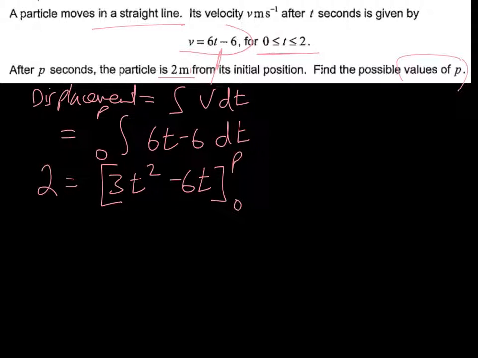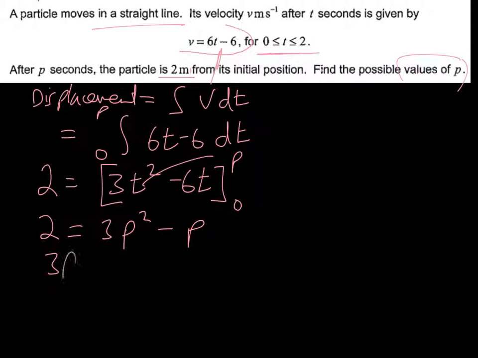We can substitute in, so for our upper boundary here, we know that t is going to be p, so this is going to be 3p squared minus 6 times p, and obviously if we substitute in for 0, that would just be 0. So we can set that equal to 2.